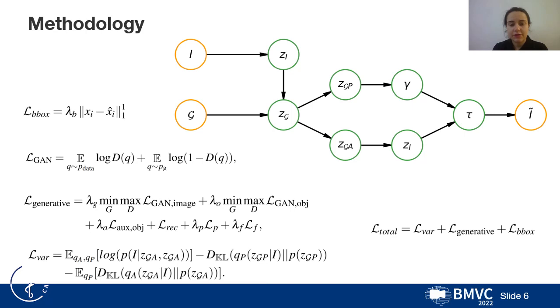You can see a graphical model of our method here and also the objective functions. The model is optimized using a combination of different losses, which are the variational loss, the generative loss, and the bounding box regression loss.